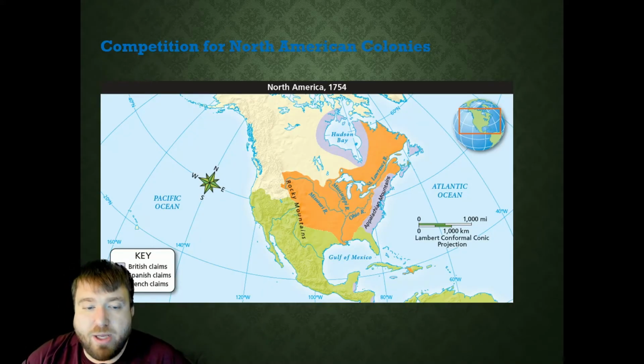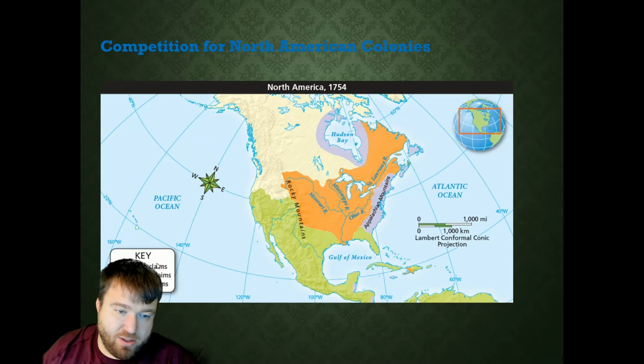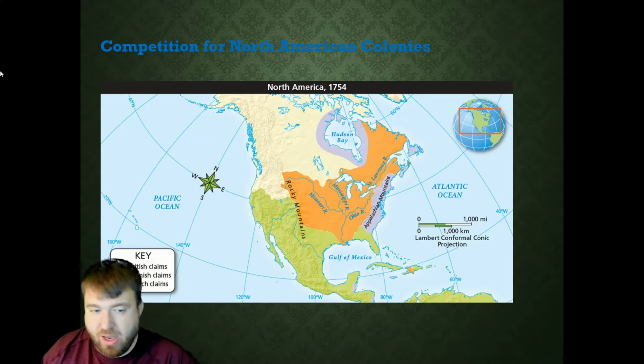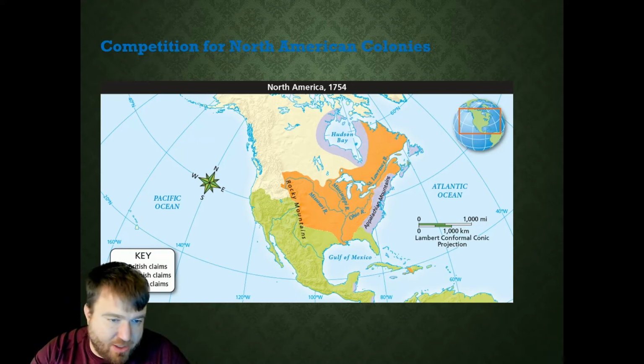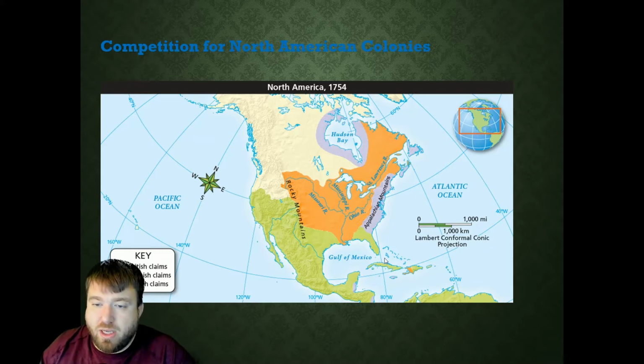Okay, we have a map here that is going to show who owns what territory at this time. Now, if we look down here in the corner, we have the key where the light blue section, or I guess it's more of a purple, that section is British territory. And we see here the part that is labeled Appalachian Mountains is in this light purple.